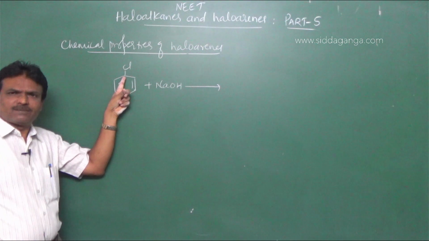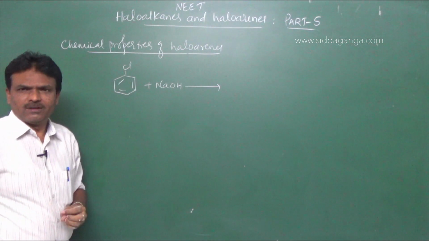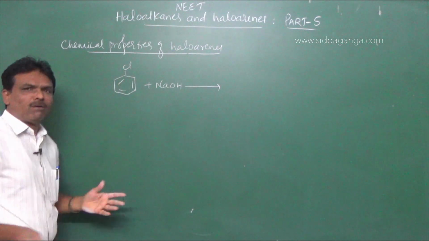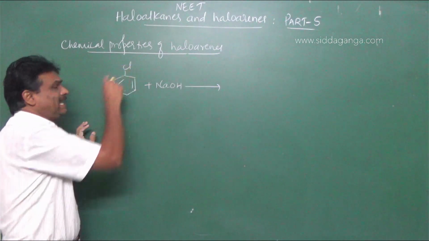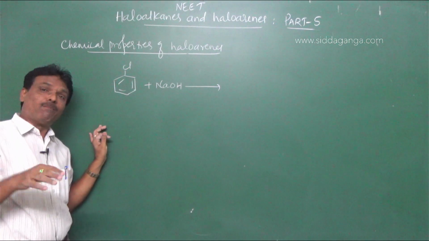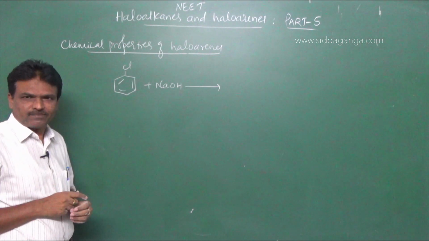In addition to this, the lone pair of electrons on chlorine is involved in resonance, as a result of which the carbon-chlorine bond has a partial double bond character. Thereby the bond length becomes shorter and the bond strength increases, therefore the reactivity decreases.